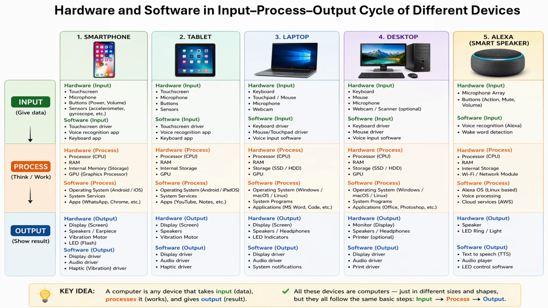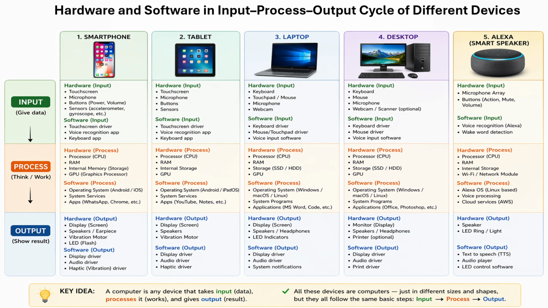Okay. As you can see on the screen, the outputs here are very similar. The hardware for smartphones and tablets would be display, speaker, vibration motors. Laptops would be display, speaker, headphones, LED indicators. Desktop would be monitor, speakers, headphones, printers.